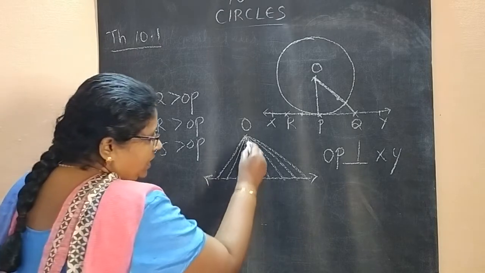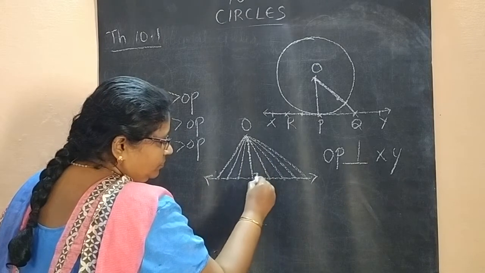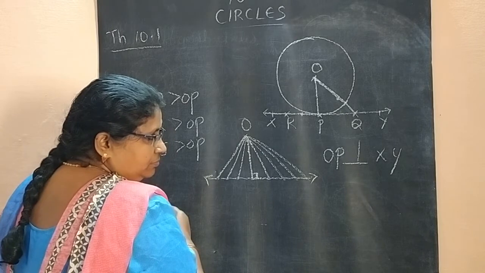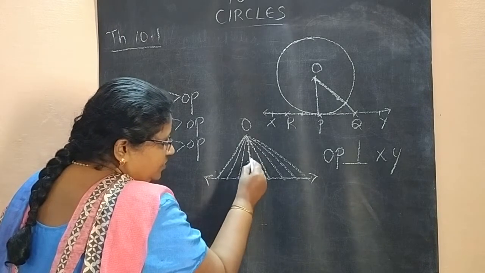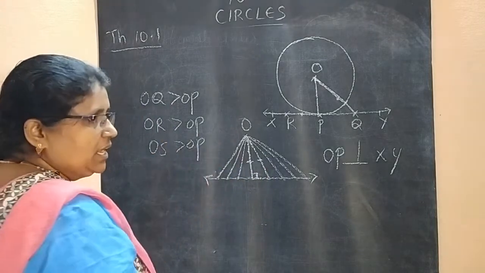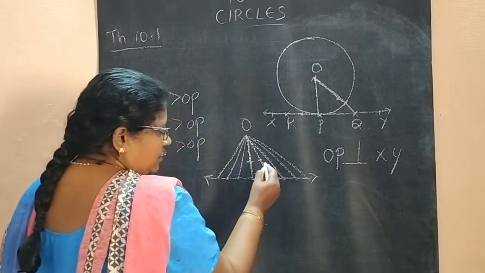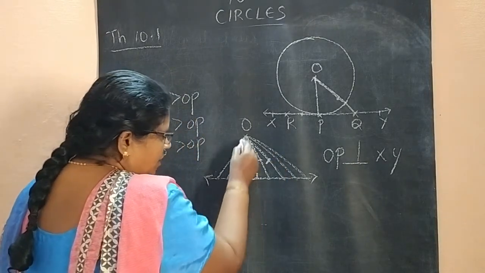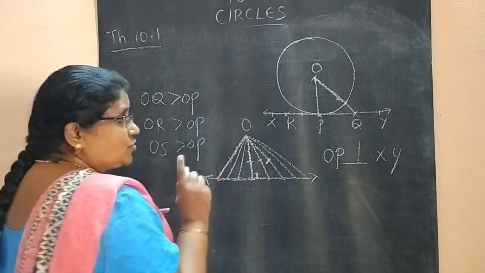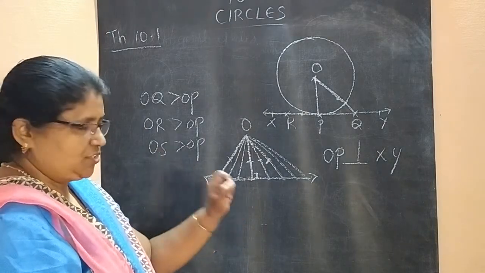If you consider this particular triangle, this is the perpendicular, and this is the hypotenuse, and the hypotenuse is bigger. In this triangle also the hypotenuse is bigger, and in this triangle too. So the perpendicular will be the shortest line.